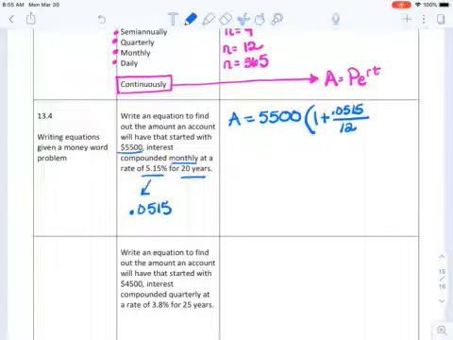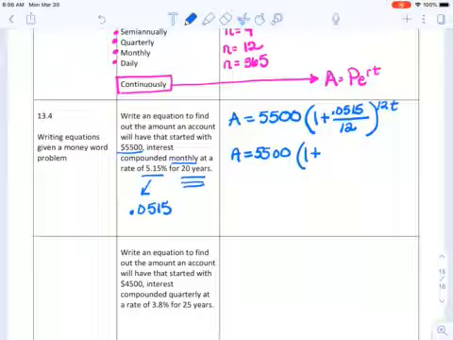So we're going to put that as a 12, and then 12T, okay? And then this one said for 20 years, so we would just plug in a 20 on that. So that's sort of my general equation for this, for how much it would be anytime.